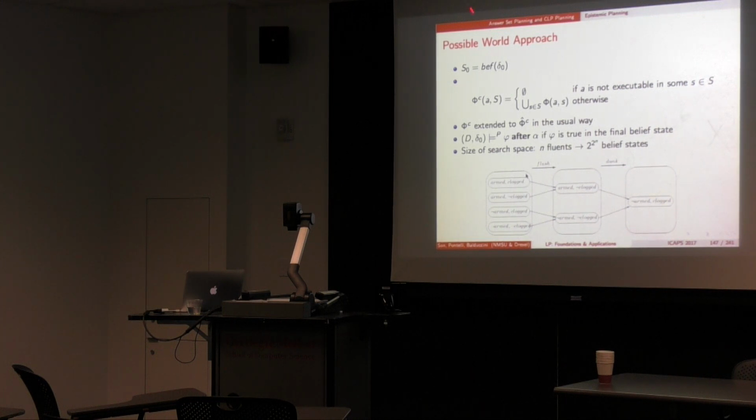I define something like this: if I have a belief state S, then executing the action A in the belief state S would result in the empty state. That means it is not executable if the action A is not executable in some of those states. Otherwise, it would be the conjunction of the results.